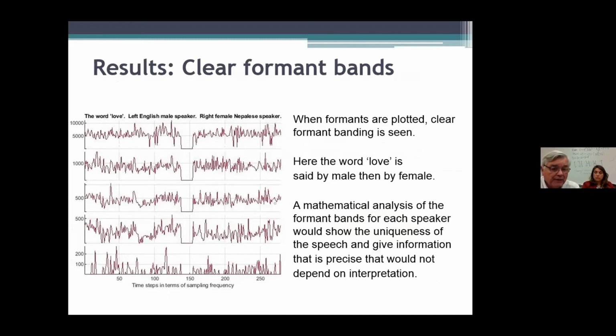And so mathematically, we can look on the left side where the male speaker is saying love, and on the right side, and the flat spot in the middle is just the silence. So this is male, this is female. There are differences that can be mathematically plotted and determined, and so the difference in intelligibility is obvious.